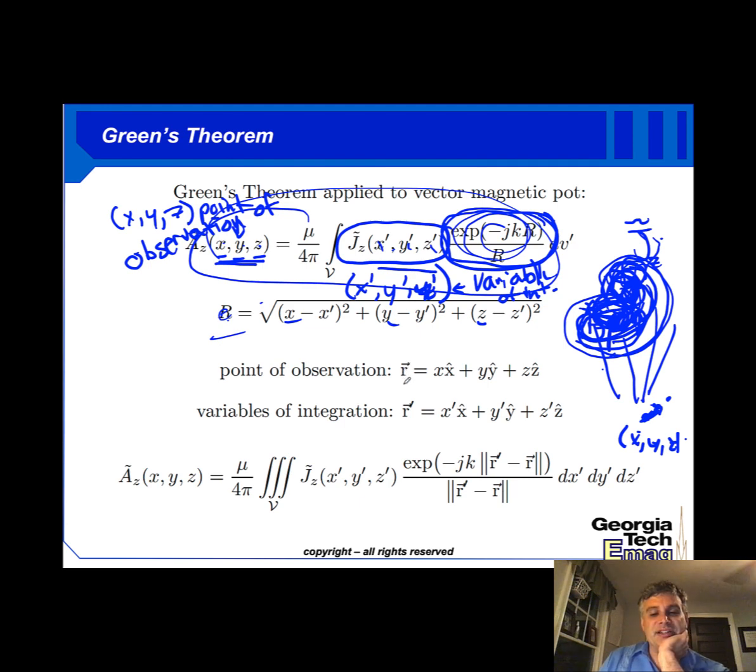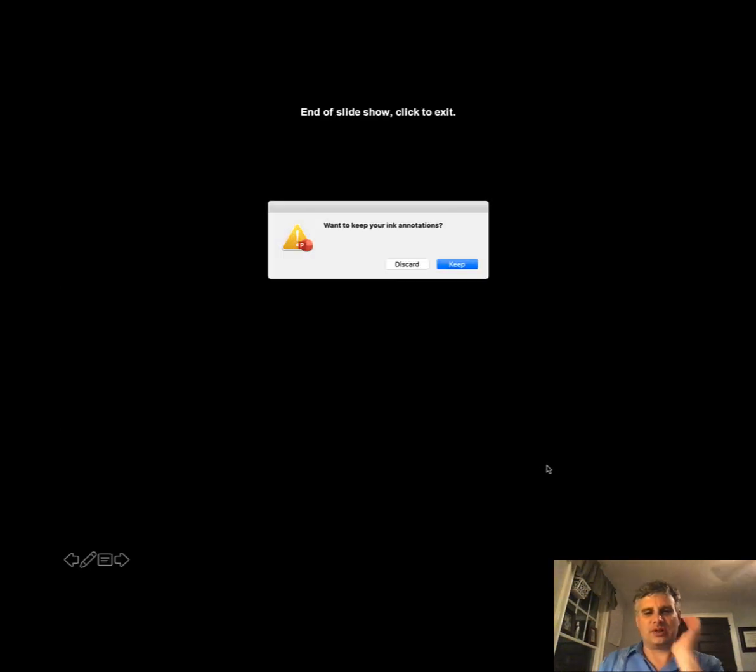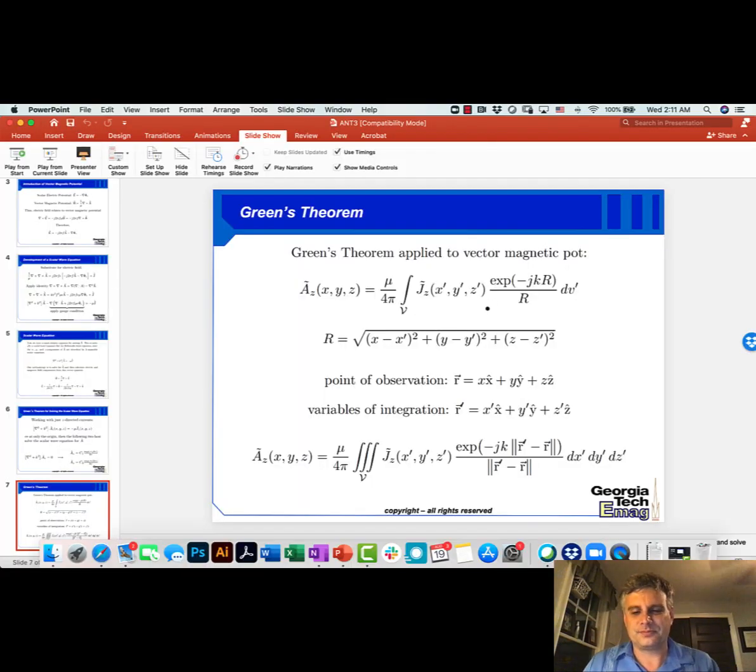So if we define these helper variables, R and R prime vector, that have the points of observation and the variables of integration, I can write my z component vector magnetic potential in the form of this basic volume integral, where I integrate J sub z with this Green's function kernel with respect to x, y, and z.